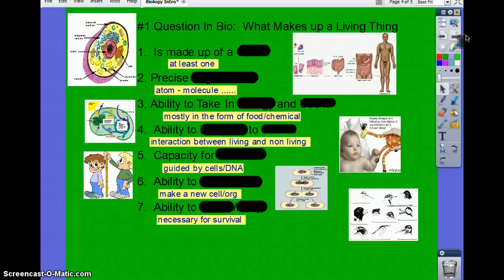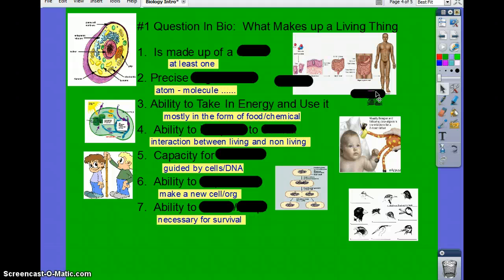Breathe is actually not a characteristic of life, but I am going to give you the ability to take in energy and use it, or use chemicals in a sense. You said eat, but some organisms don't eat, right? But they take in energy and they use it, okay?